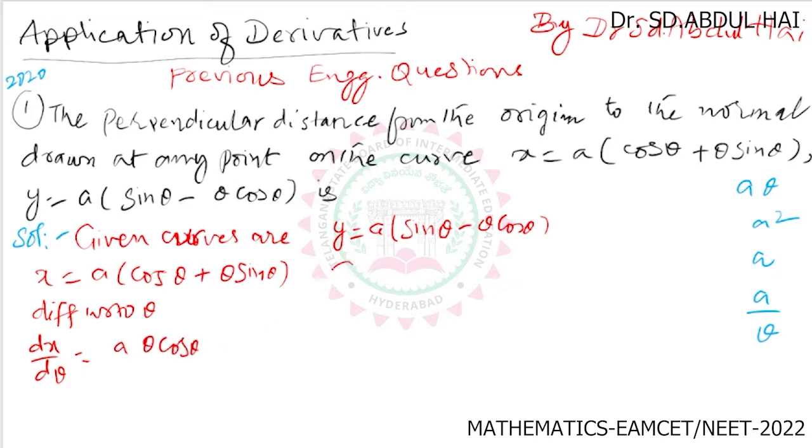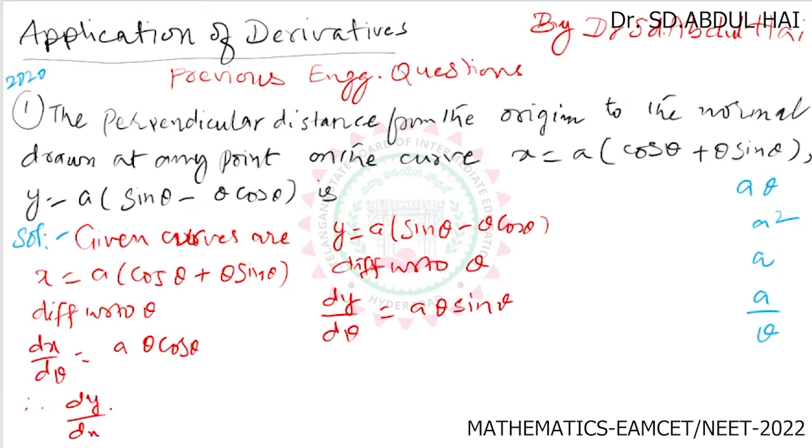Similarly, dy by d theta = a theta sin theta. Therefore dy by dx = dy by d theta divided by dx by d theta, which gives sin theta by cos theta, which is nothing but tan theta.